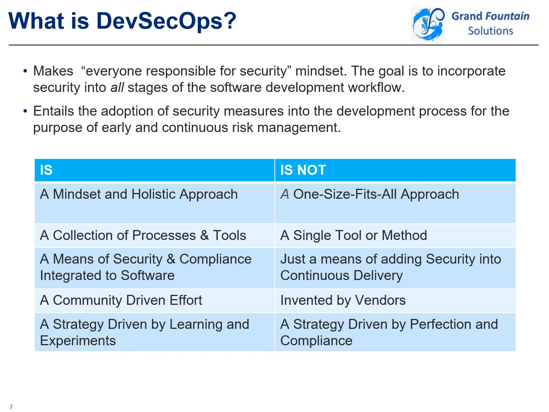So does DevSecOps mean we have a development team, an operations team, and a security team? No, not necessarily. It means everyone in the team is responsible for security. The goal is not to introduce the security team into the mix. The goal is to incorporate security in every stage of software development.